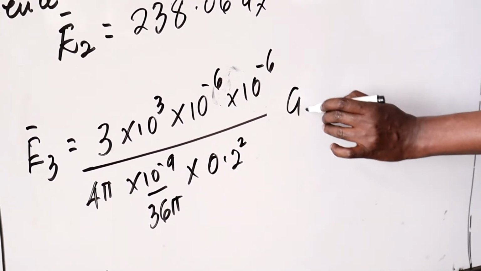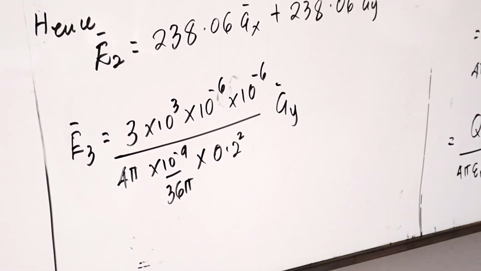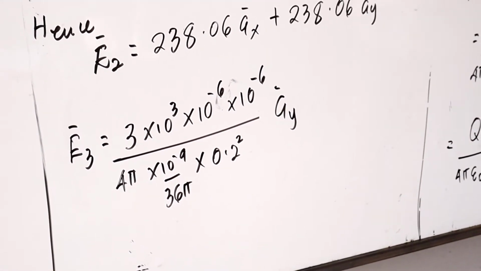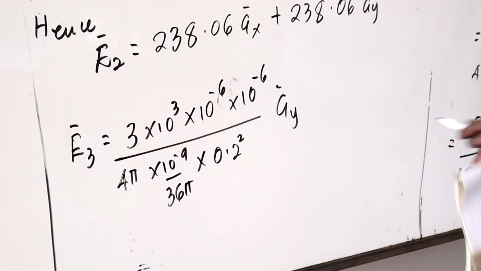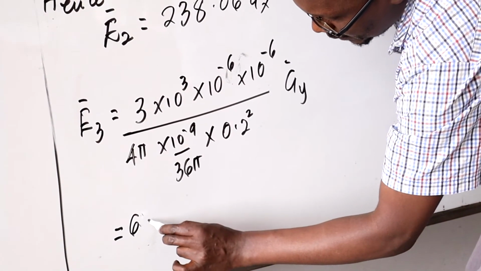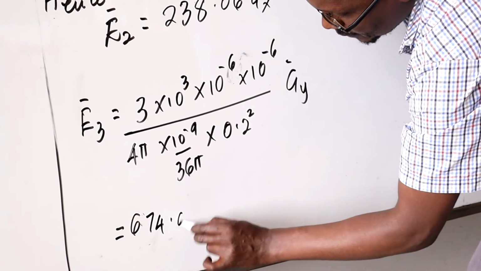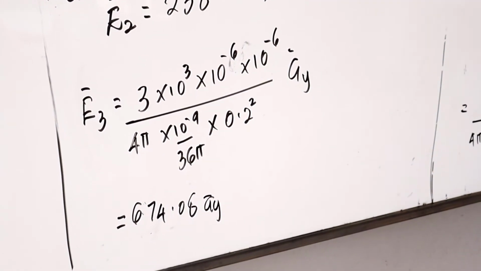Then the direction here is AY bar. So the value is the same as the other value, and you're saying that this value should be 674.08 in the direction of AY.